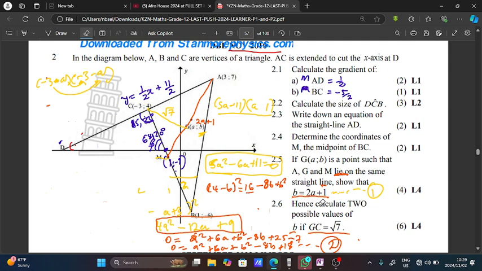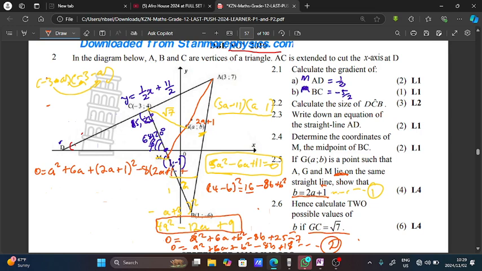We substitute b again: 0 equals a squared plus 6a plus (2a plus 1) all squared, minus 8 times (2a plus 1), plus 18.